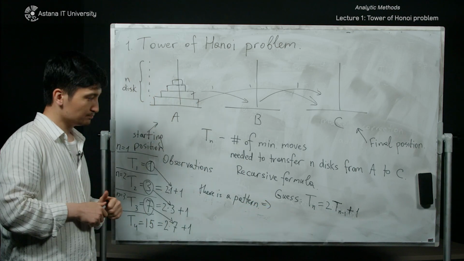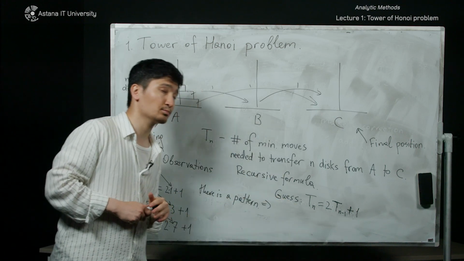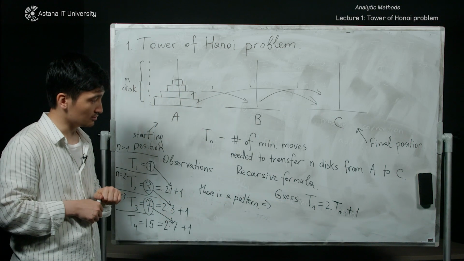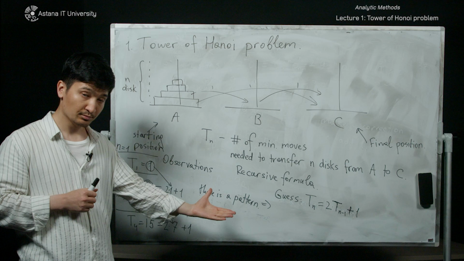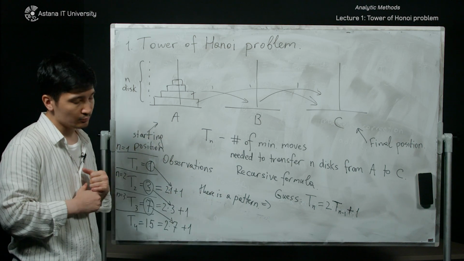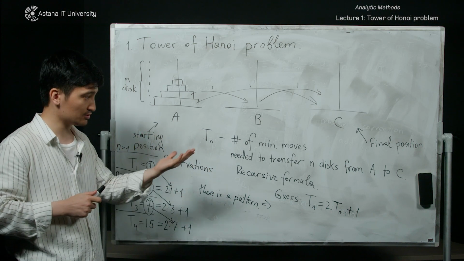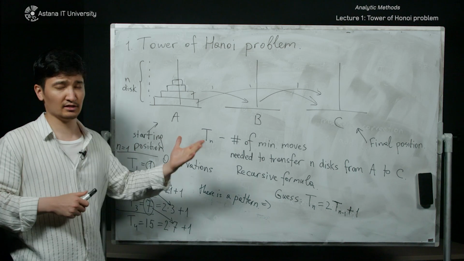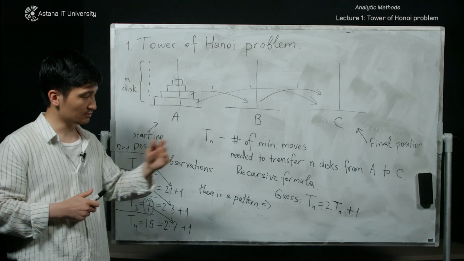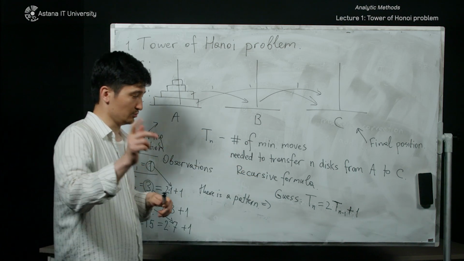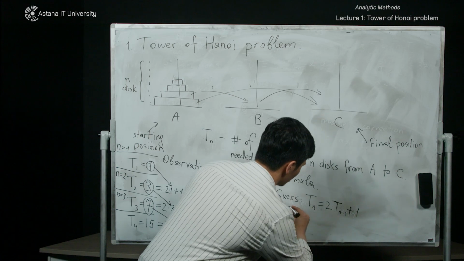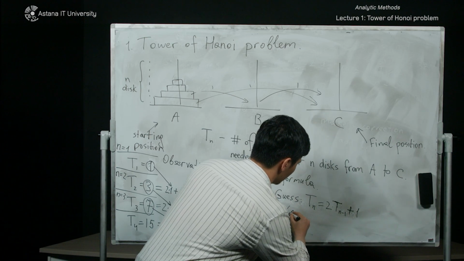I'm saying that this is a guess because we have not proved it. To make it a formula or function, we have to prove it, and we prove it using mathematical induction. But this is going to be an exercise for you guys. We're going to do that in class, if you're in my group.